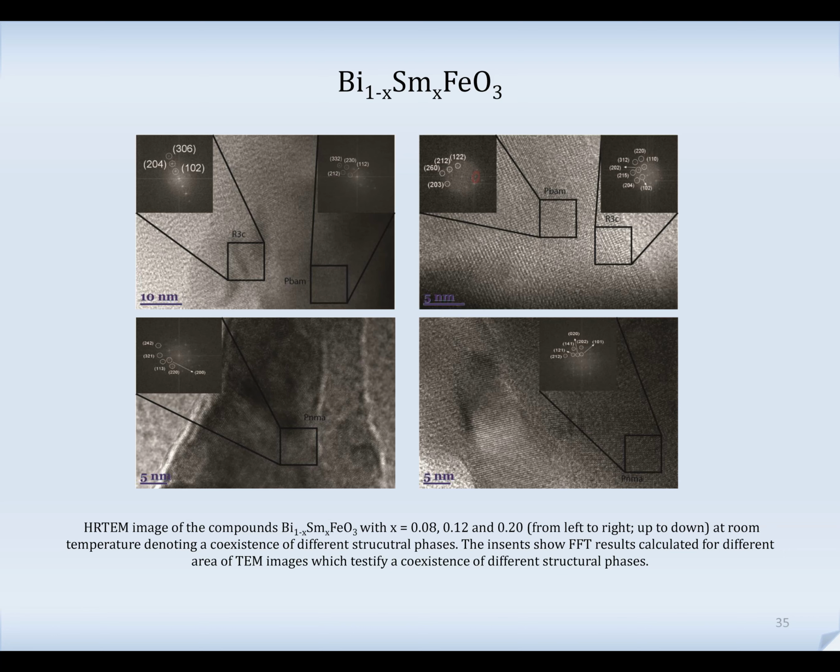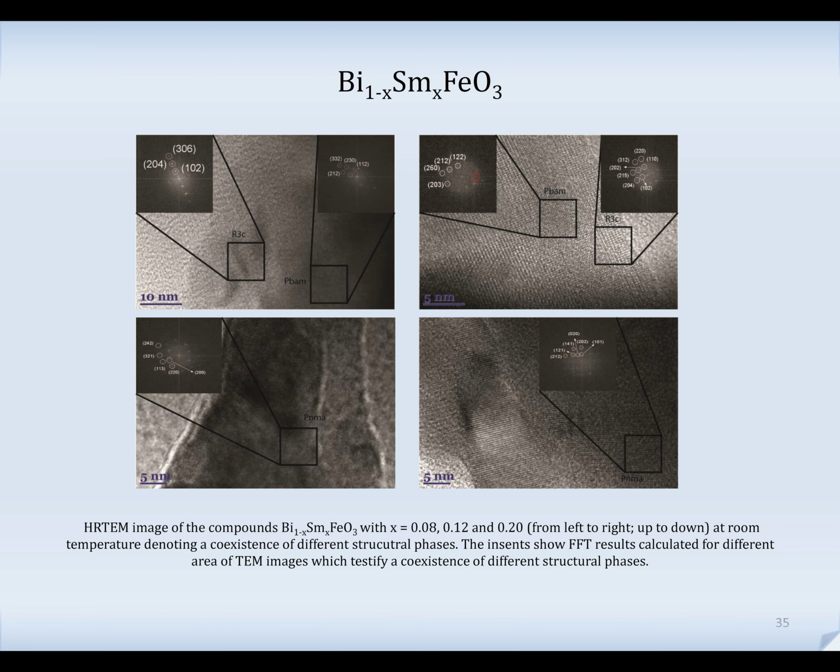But these clusters are invisible for diffraction because the scattering length for diffraction is something about 100 nanometers. If we have inclusions of 10 nanometers, we cannot detect these inclusions of a different phase using diffraction methods. And the same story holds for other compounds.